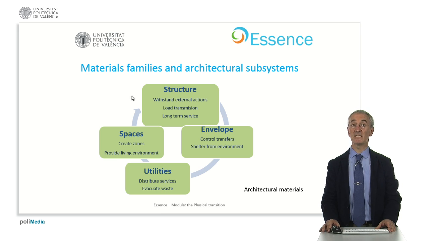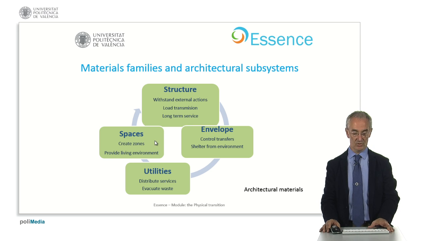So all the material families that we are going to introduce will be better in providing this load transmission, this sheltering, the functional distribution, and creating a space that meets the architectural constraints.